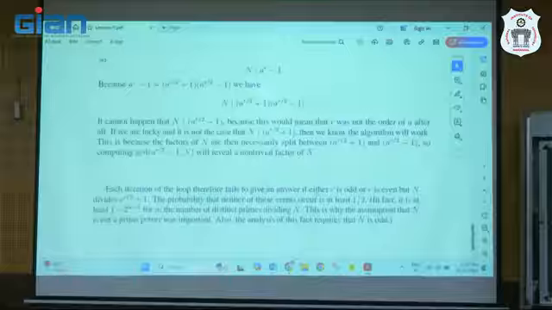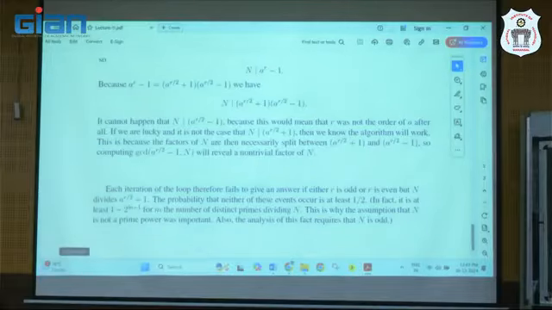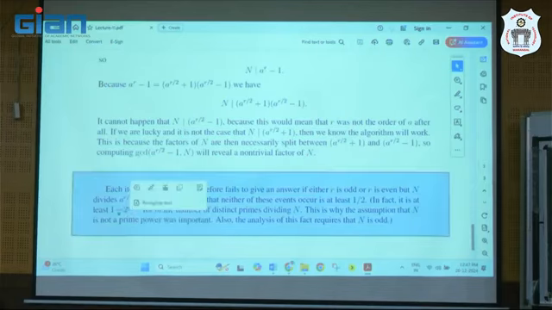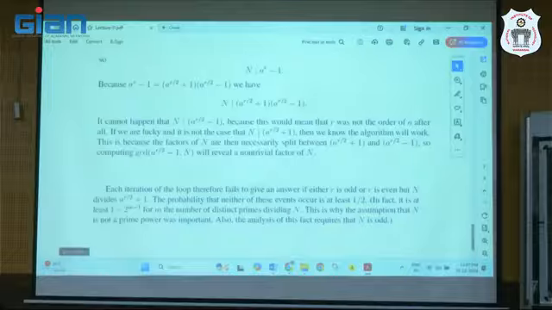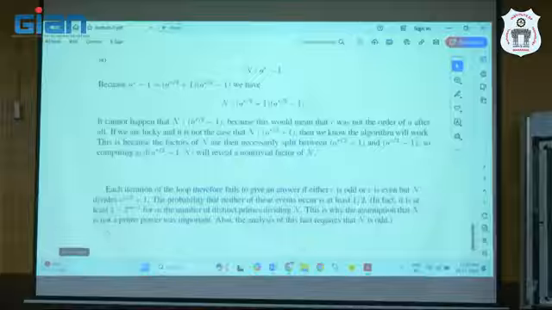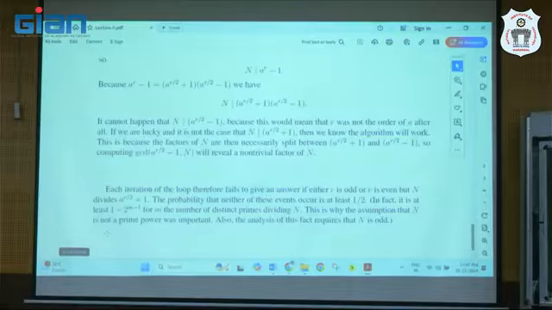It should be minus; I think it's a typo here. This is 2 to the power 1 minus m. Okay, I have to correct this. So this is the thing.